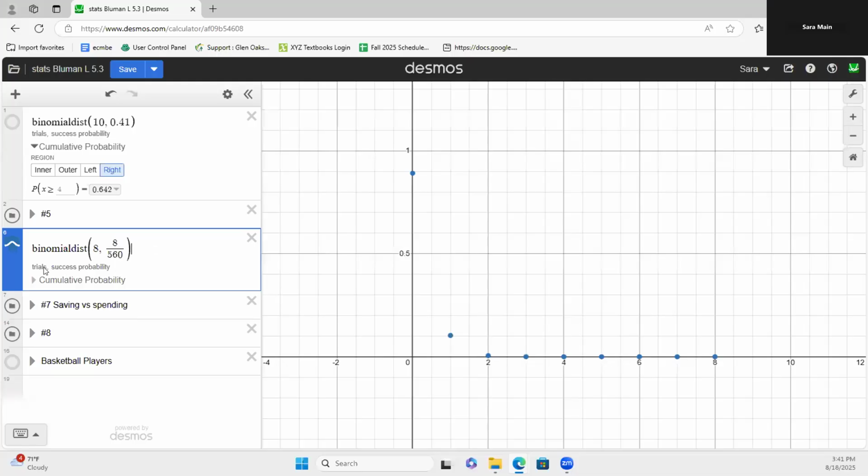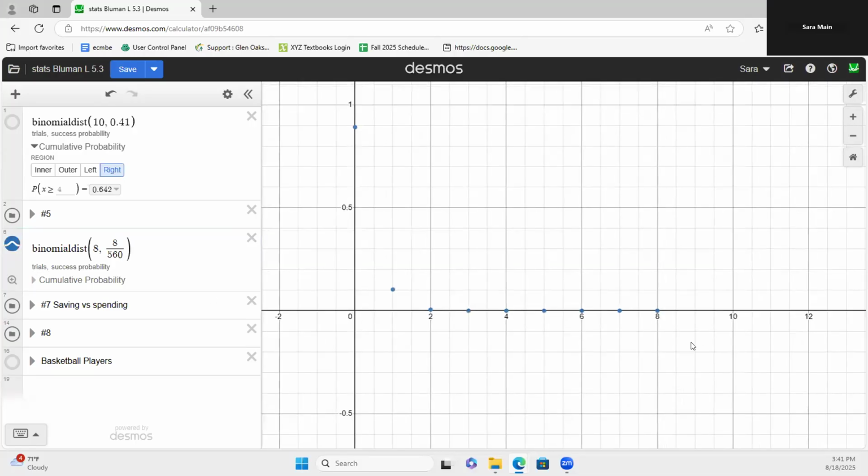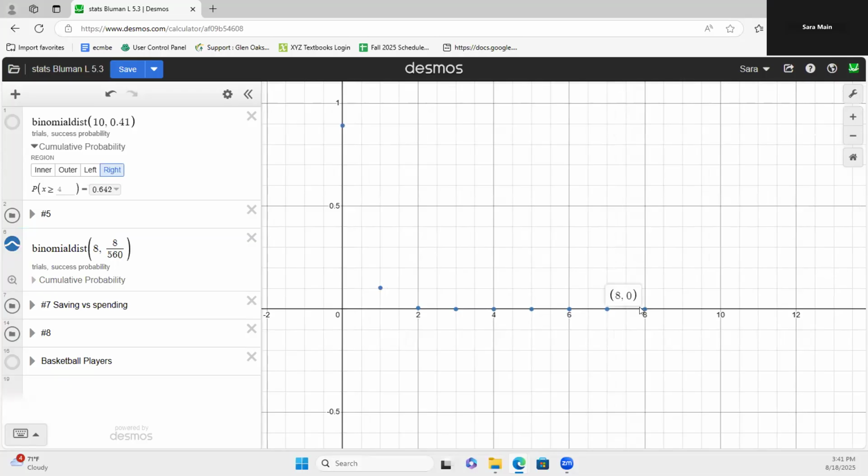So here we have our distribution, and it's very small. The likelihood of one is the highest you can get, and that's about 10%. But the likelihood of two of them, the 8 pages, being two that actually have a featured artist is 0.0052.